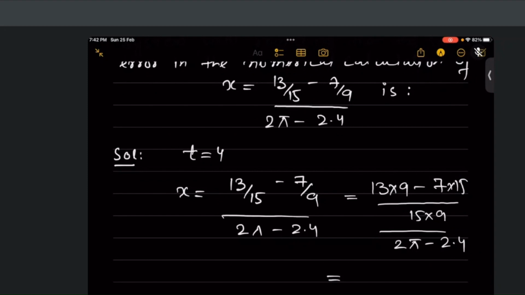So 13 into 9 is 117, minus 7 into 15 is 105, upon 15 into 9 is 135.